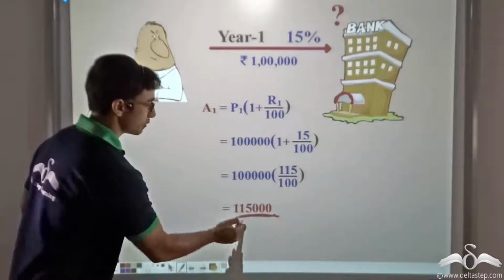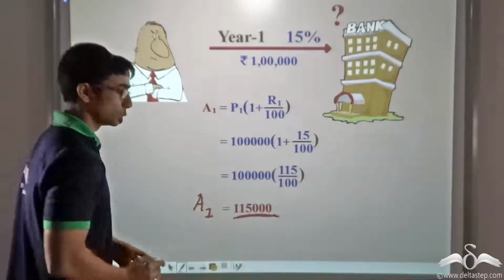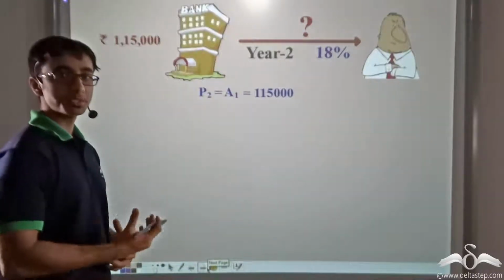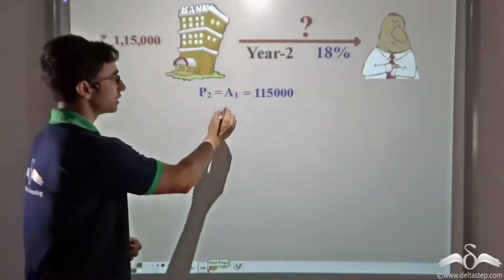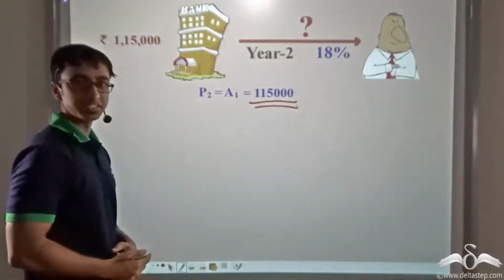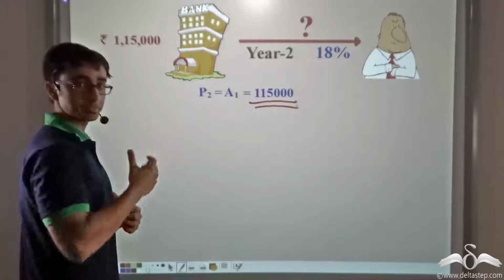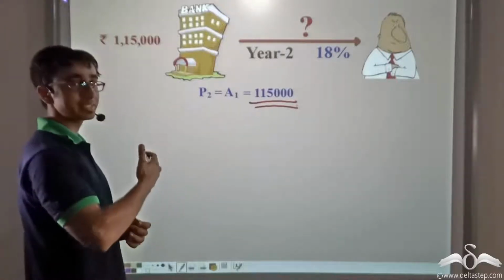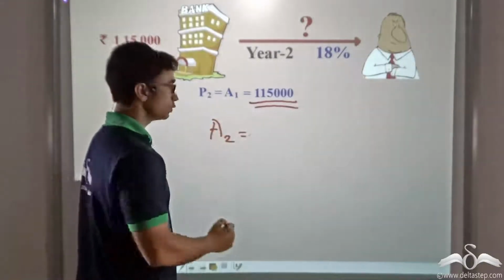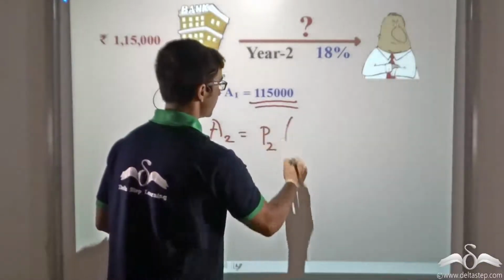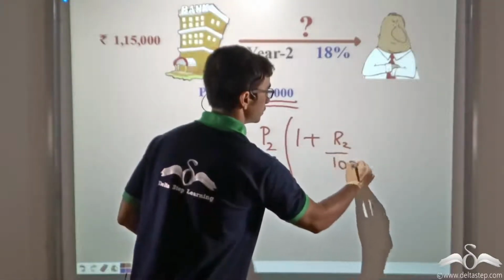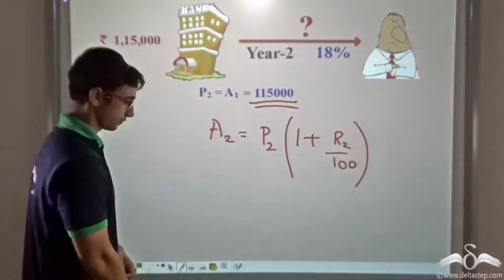So this amount of money, A1, will be the principal for the next year. So the principal for the second year will be equal to the amount for the first year, which is equal to 1,15,000. So we apply the same formula for finding out the amount at the end of second year. So that will be A2 equal to P2 multiplied by 1 plus R2 by 100.